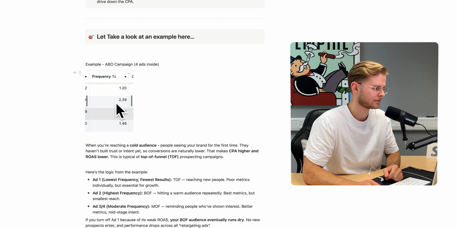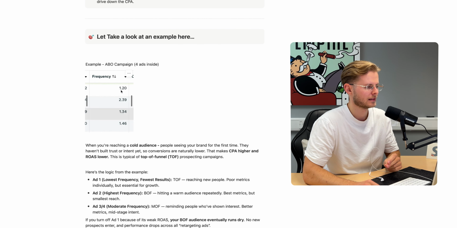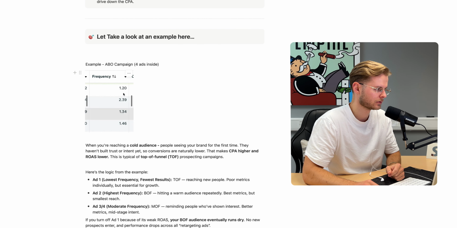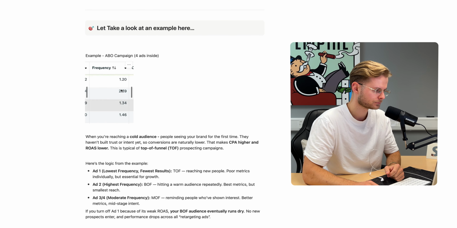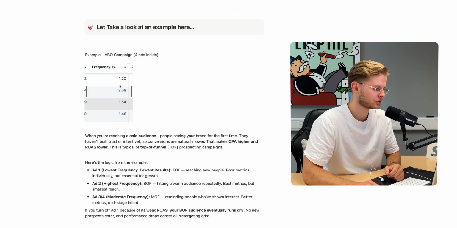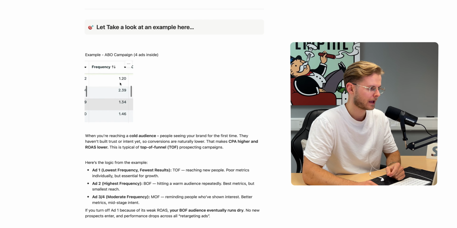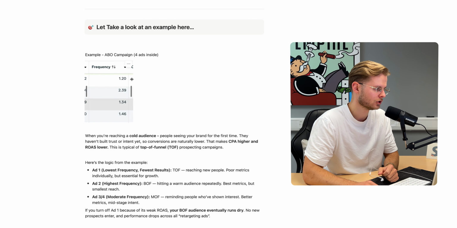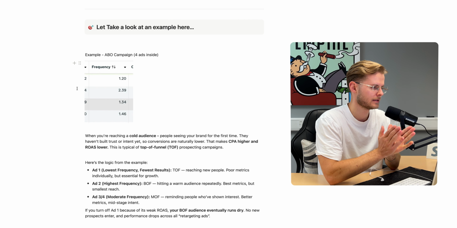As we can see on the left-hand side here, this is the lowest frequency. Campaign 1 is probably going to be driving new people into the funnel. So it's probably going to have a higher CPA and lower ROAS, but essentially it's being used to set people up in this funnel.